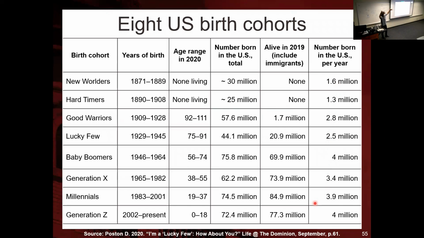It's just because we have more people nowadays compared to 46 and 64. But you see the decline per year from the baby boomers to Generation X, 4 to 3.4 million, and the increase from the lucky few, 2.5 to 4 million born in the US per year.